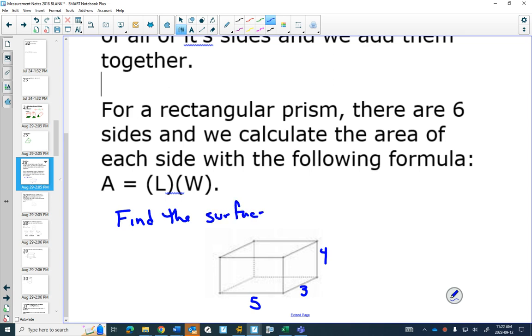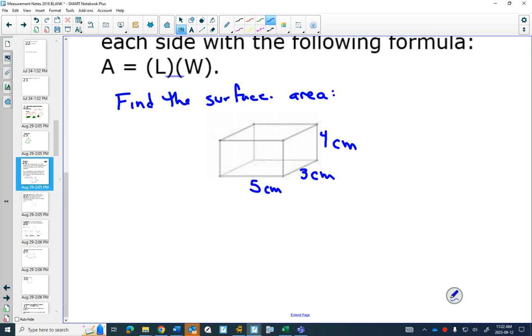In fact, I'm going to make them 3, 5, and 4 with units along with them, because we'll often get questions where we have units as well. So we're going to find the surface area of this one, where the bottom is 5 centimeters, the one side is 3 centimeters, and the height is 4 centimeters.